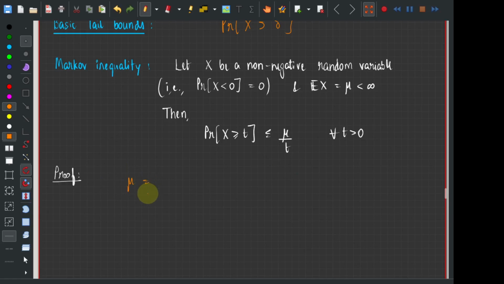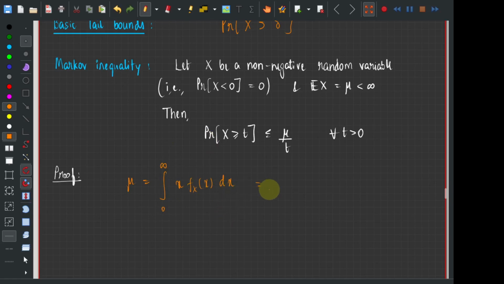It's the integral of x times fx of x dx. What is the range of x? Since we know that the probability that x is less than 0 is equal to 0, this is just the integral from 0 to infinity of this particular quantity.